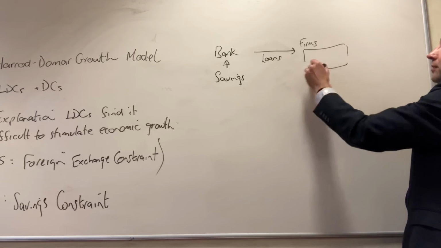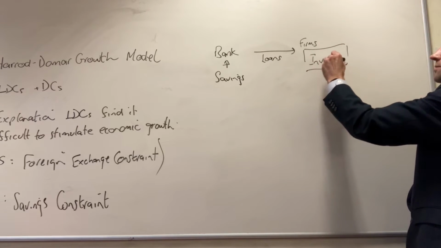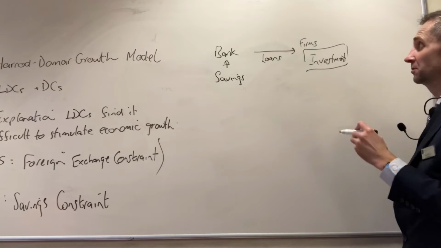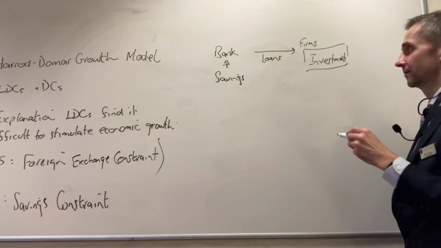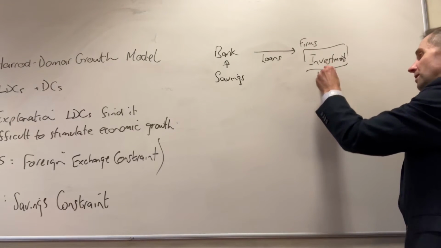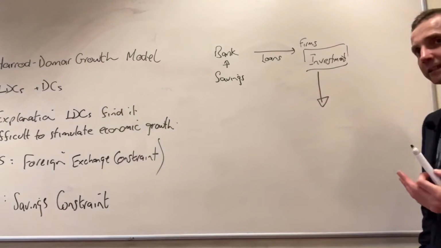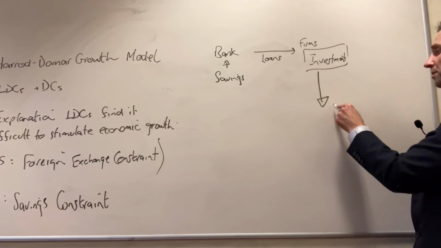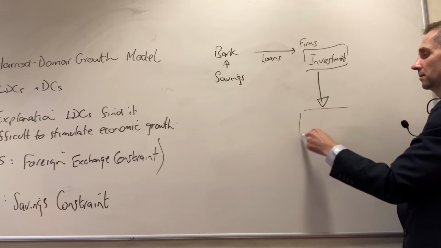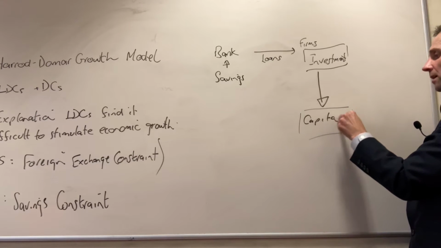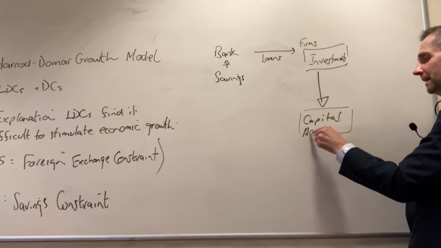Okay, so we're going to have investment as a consequence of that. Okie dokie. And that investment, JM, you've already mentioned, might take the form of buying capital. So we call that capital accumulation.